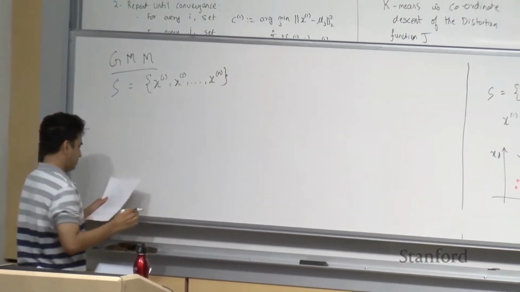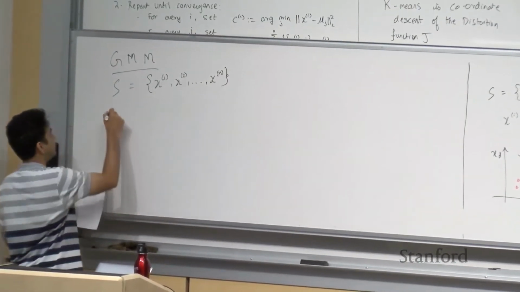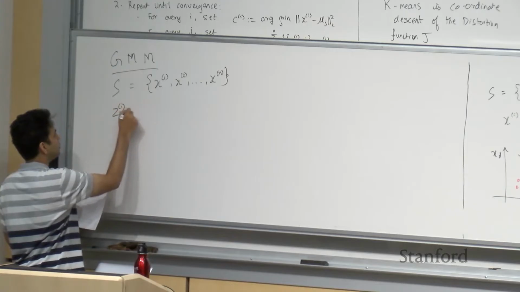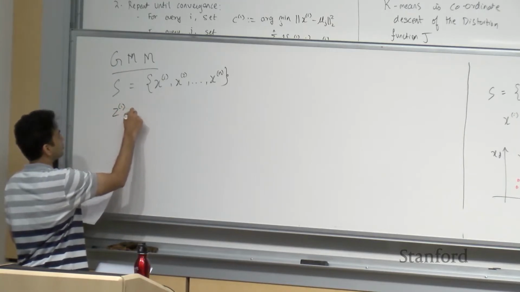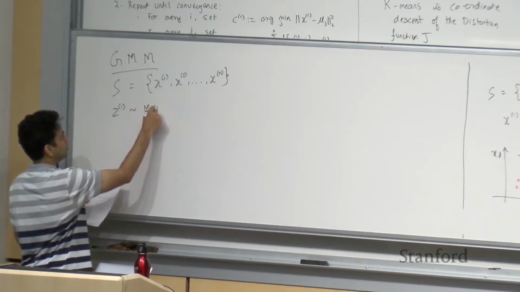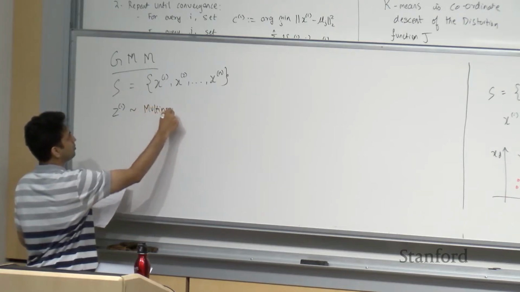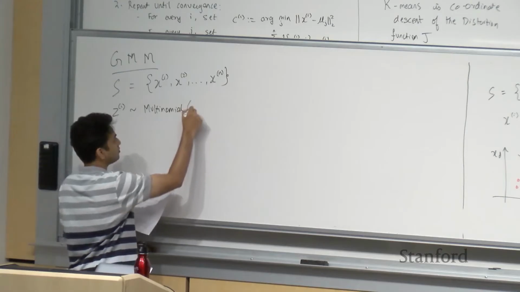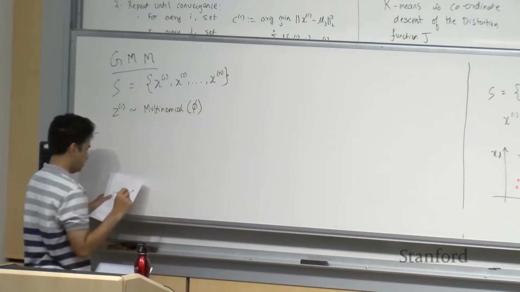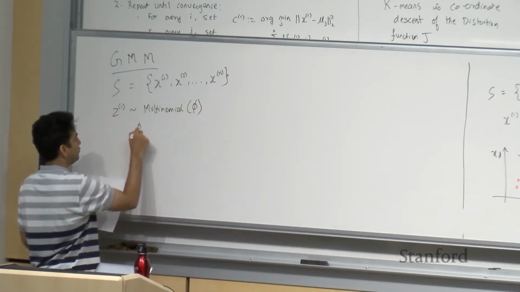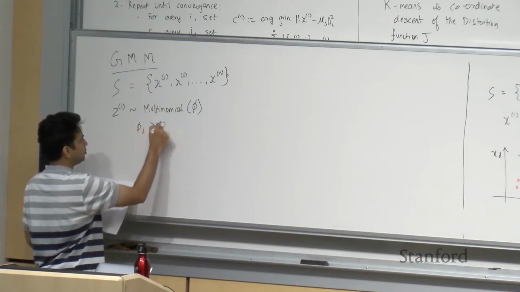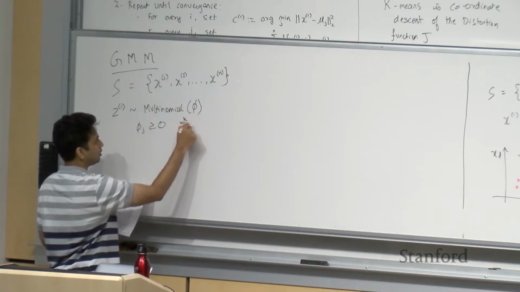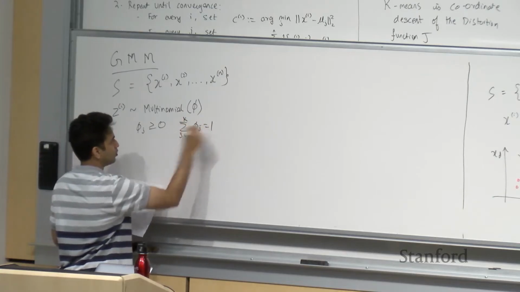And then we're going to assume there is this z_i which belongs to a multinomial distribution with parameter phi, where phi_j is greater than or equal to 0 and the sum over j equals 1 through k, phi_j equals 1.